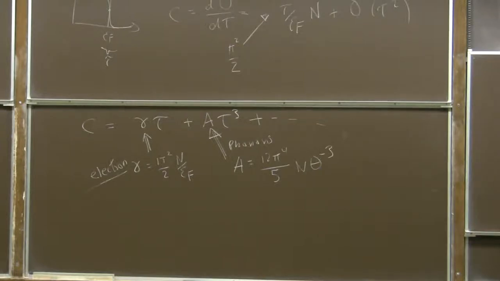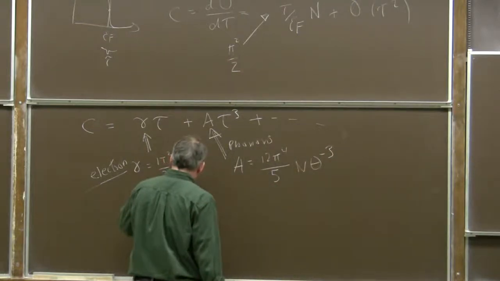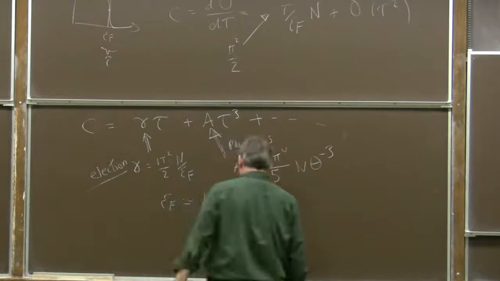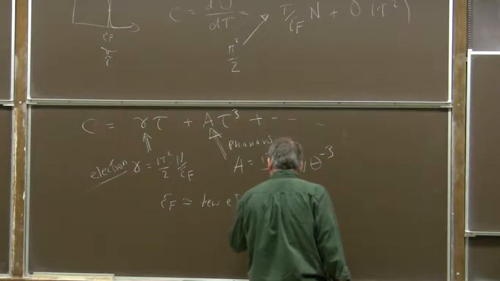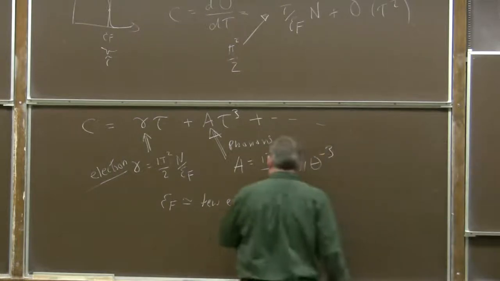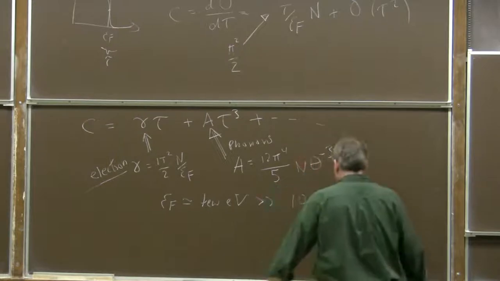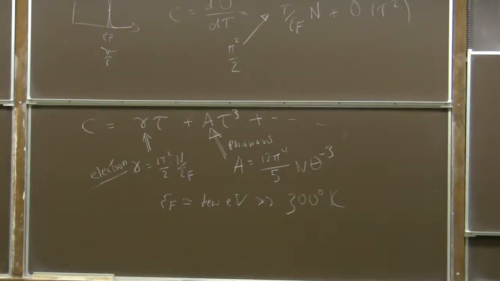Now remember, the Fermi energy in a typical solid is on the order of electron volts. And so that's a pretty big temperature compared to room temperature. An electron volt is about 10,000 degrees K, compared to room temperature, which is about 300 degrees.